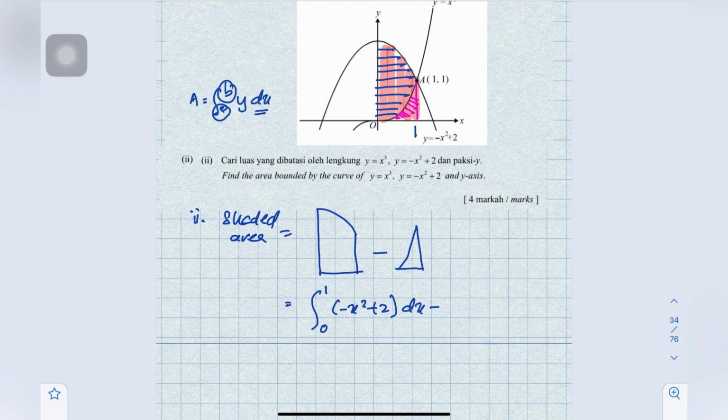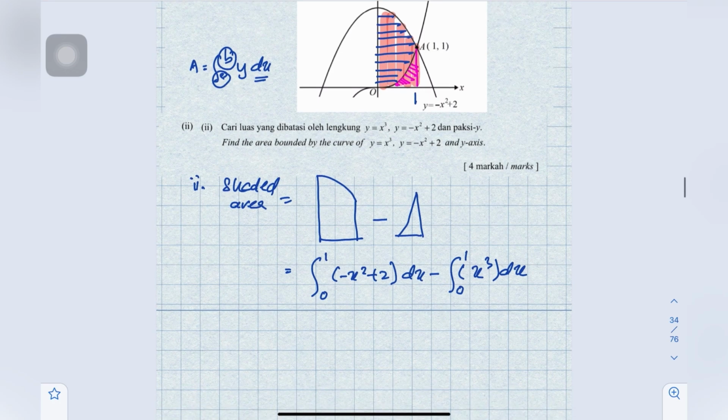Okay, for the pink one, the lower limit is 0, upper limit 1 as well, same. So then the curve is x cubed dx. Okay, so then since we have the same lower and upper limit, we can combine them.